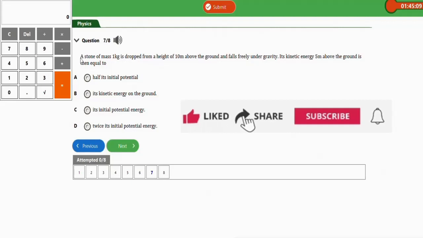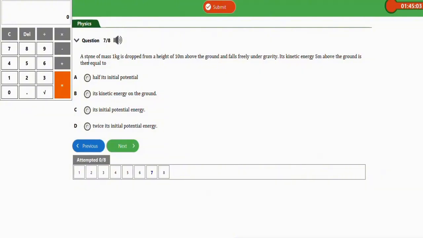Having done that, this question says a stone of mass 1 kg is dropped from a height of 10 meters above the ground and falls freely under gravity. Its kinetic energy 5 meters above the ground is then equal to what? A, half its initial potential energy. B, its kinetic energy on the ground.